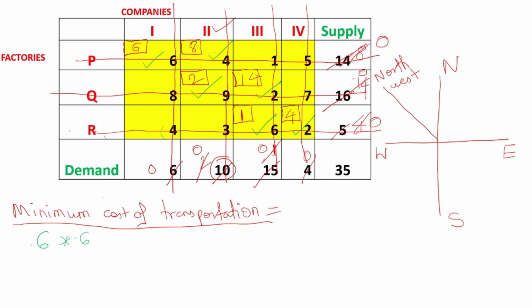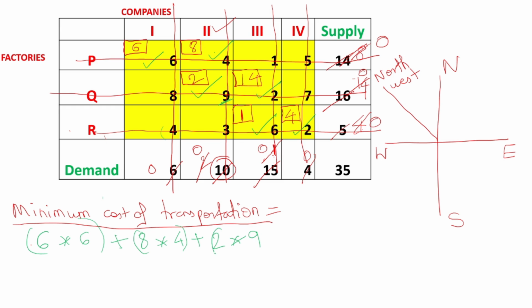So multiply 6 into 6 plus next cell which we are going to consider is this, because it also has a corner rectangle with the value 8. So 8 into cell value for that is 4. So 8 into 4 plus next cell which we are going to consider is this, because it has a corner rectangle with the value 2. So 2 into cell value is 9.